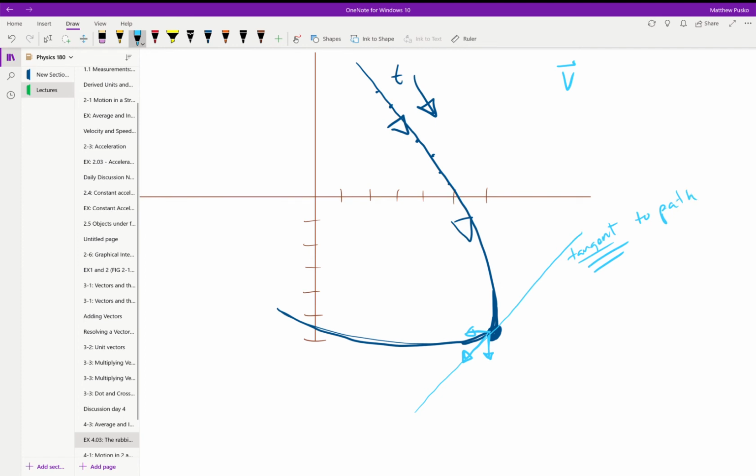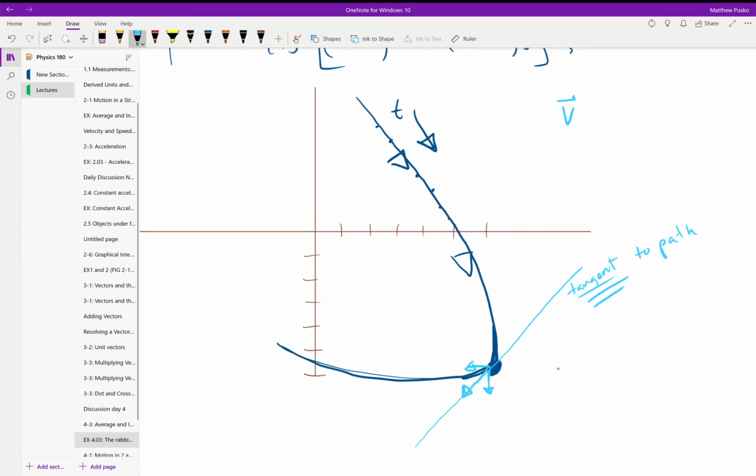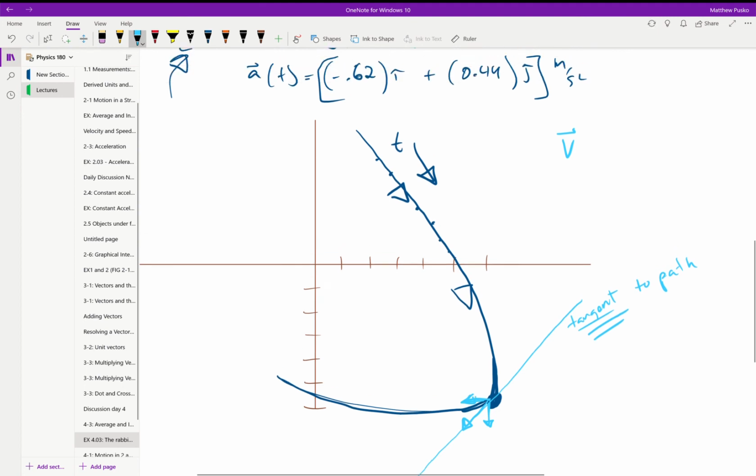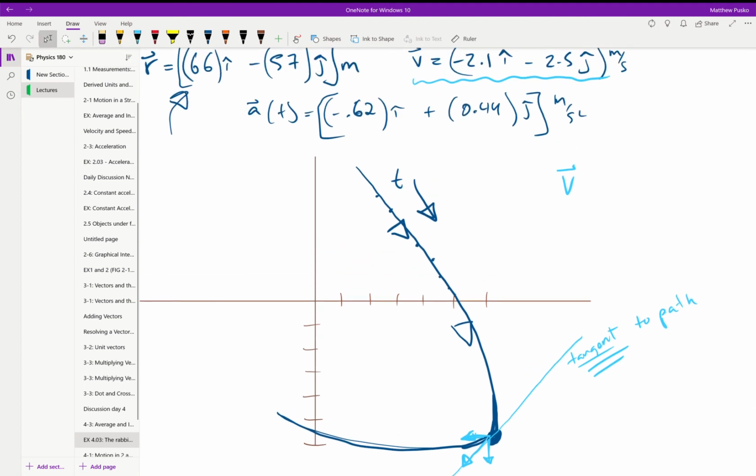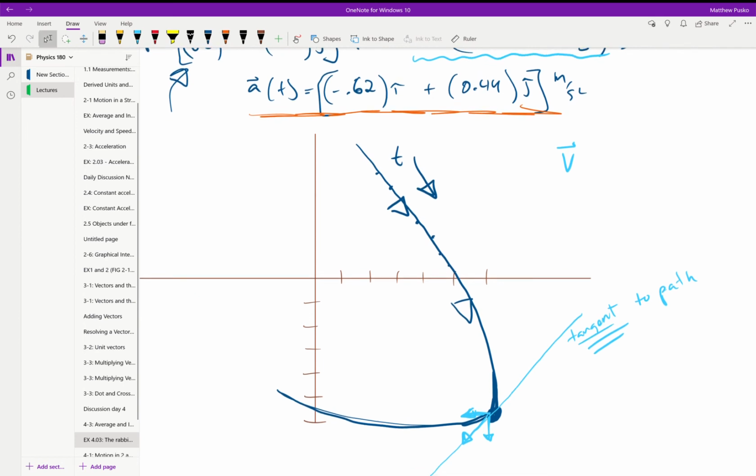And the acceleration, however, is almost never tangent to the path. So our acceleration, I'm going to do in orange. I'm looking at this one right now. The vector should be smaller, but we're on a different scale actually, right? This is x in meters and this is y in meters, so as long as they are to scale, you can draw it as big as you want.